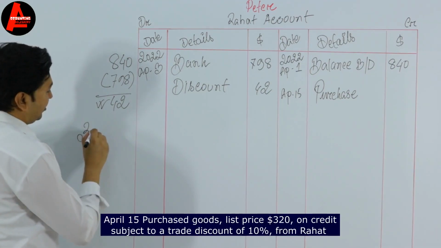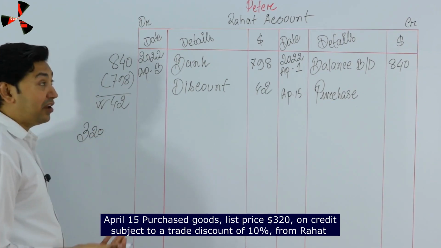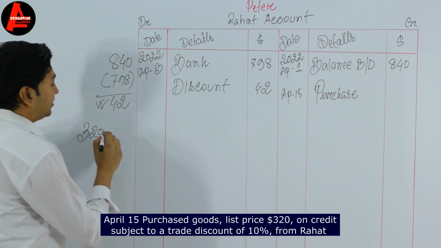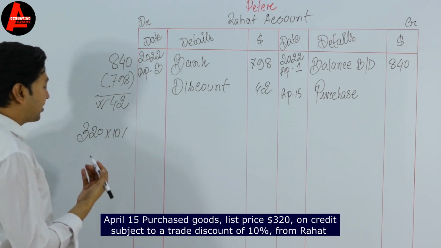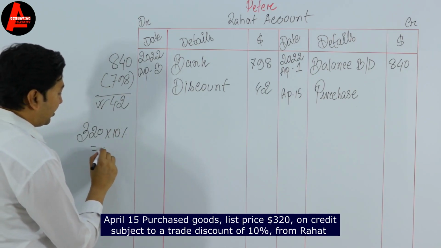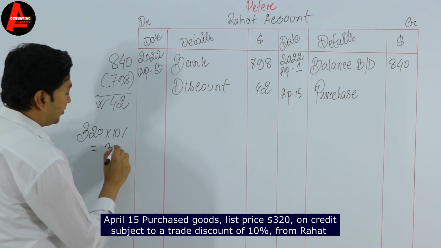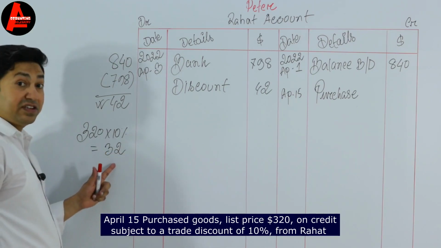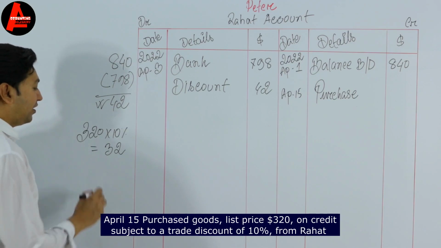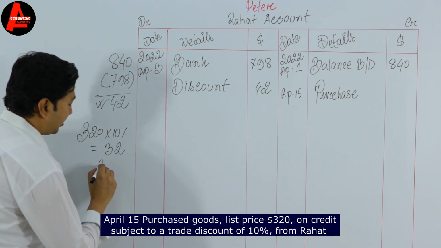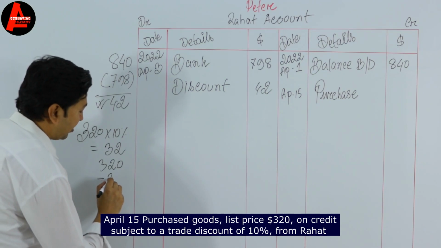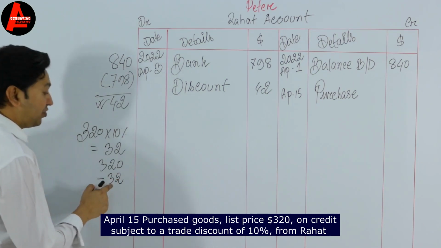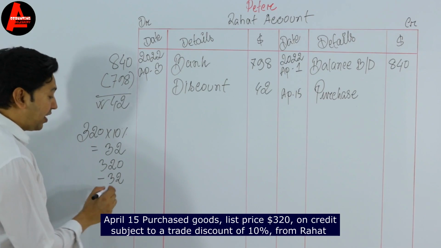So here Rahat purchased goods from Peter for $320, and received 10% trade discount. If we calculate 10% trade discount, we get $32. This is the discount amount. The list price was 320, and we subtract the trade discount because this $32 we did not pay.